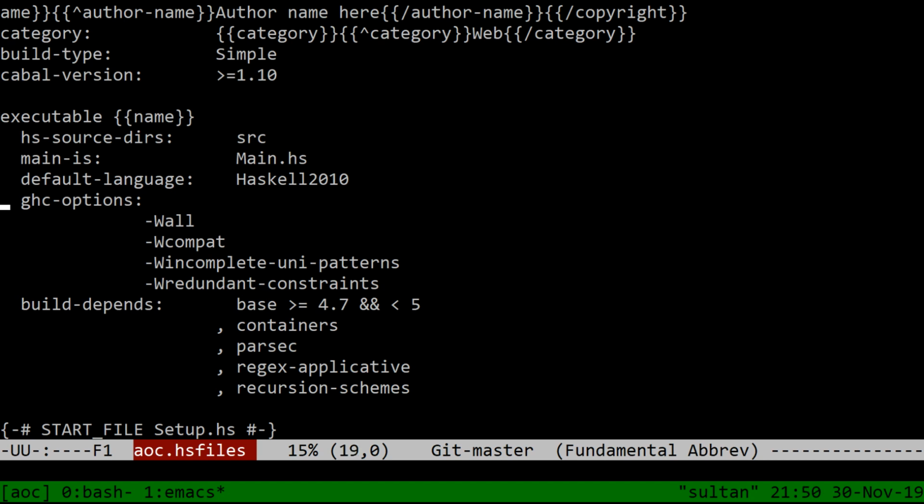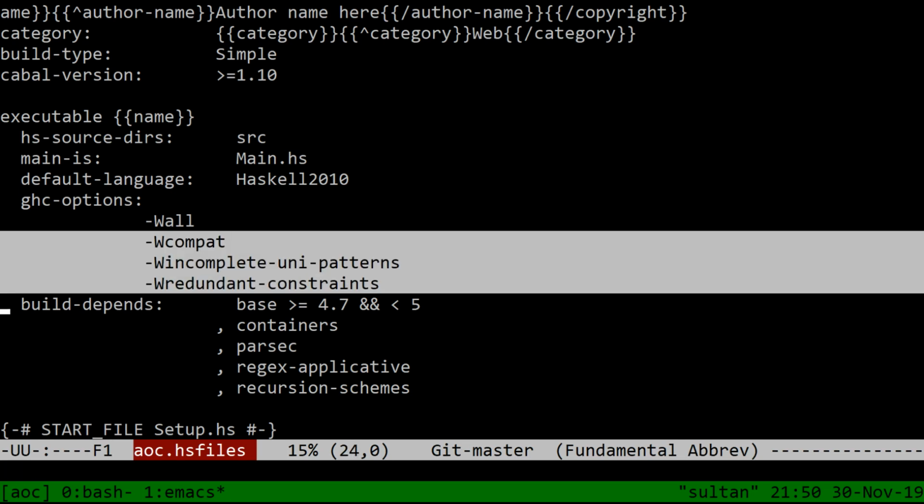Most importantly, all warnings, and then a few other warnings that people have said come up on occasion and are important. I haven't played with them much, and it seems like they would come up too often for me, but maybe they would. I'm sure I've broken incomplete unit patterns before anyway. I have redundant constraints probably as well, so that'll be nice.